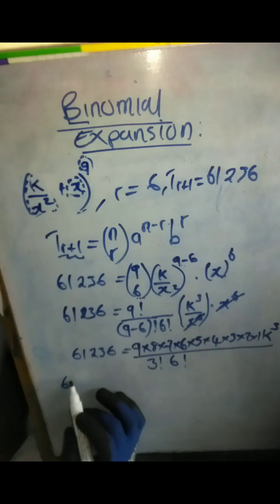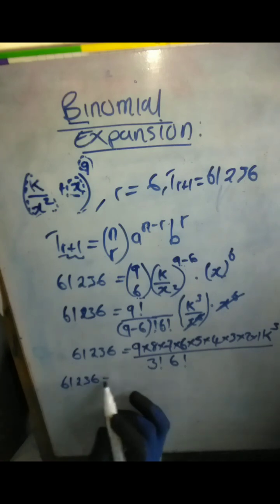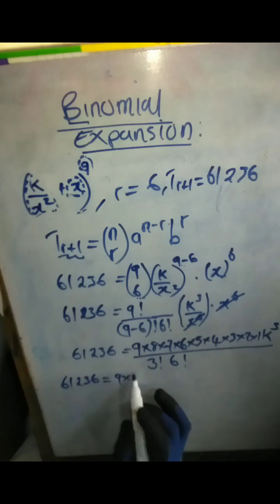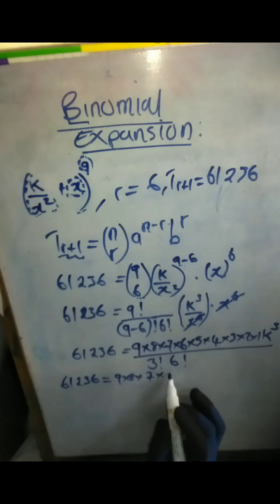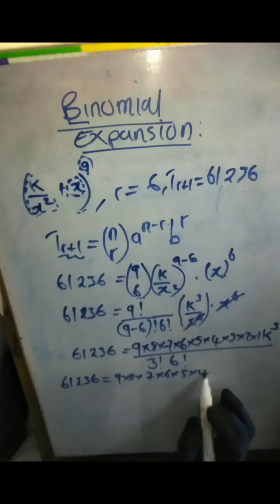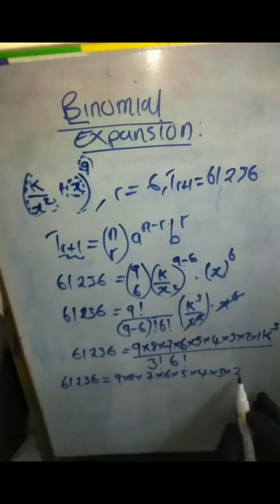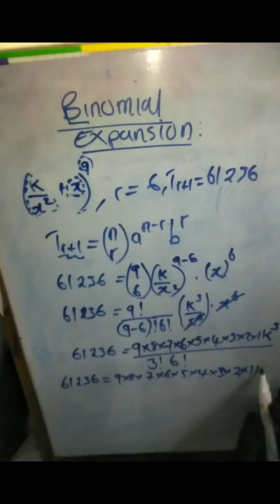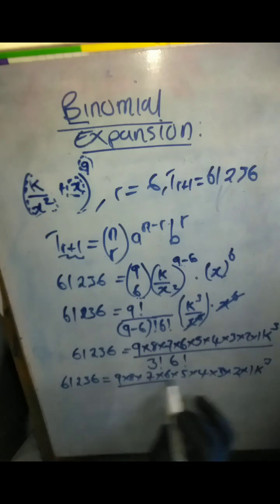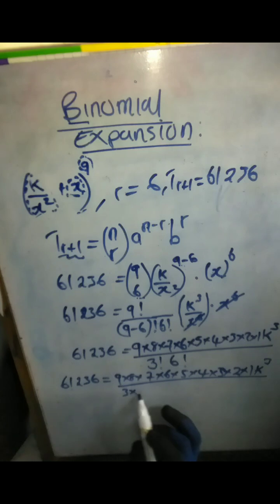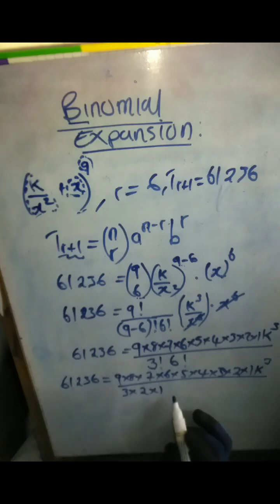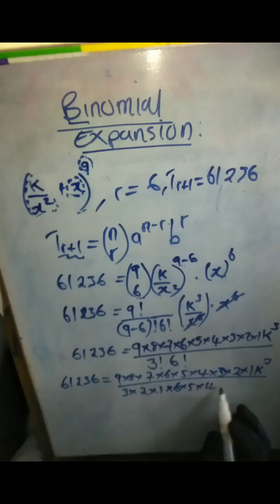So we're going to have 61 236 equals 9 times 8 times 7 times 6 times 5 times 4 times 3 times 2 times 1, then k to the power 3, divided by 3 times 2 times 1, that's what 3 factorial is, times 6 times 5 times 4 times 3 times 2 times 1.